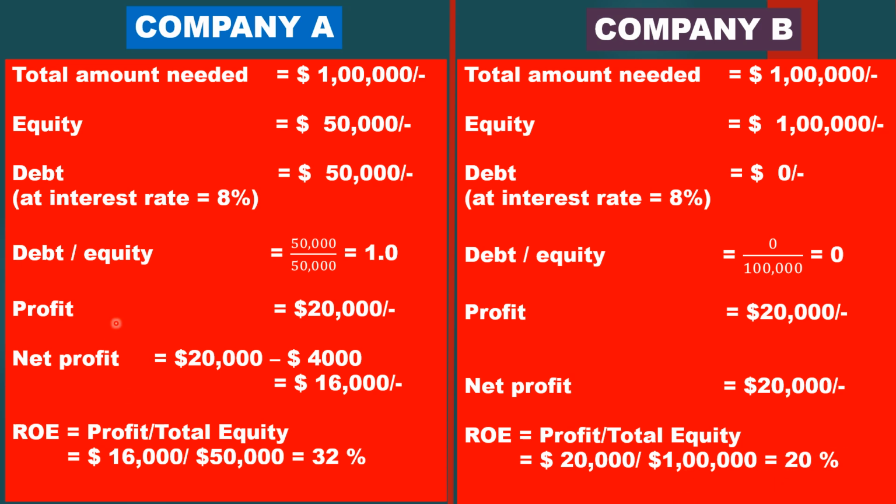So company A, although it has got higher debt to equity ratio, while this is just 0, company A is better because of return on equity. So company B, although it has debt to equity ratio 0, it gives us return only 20%.